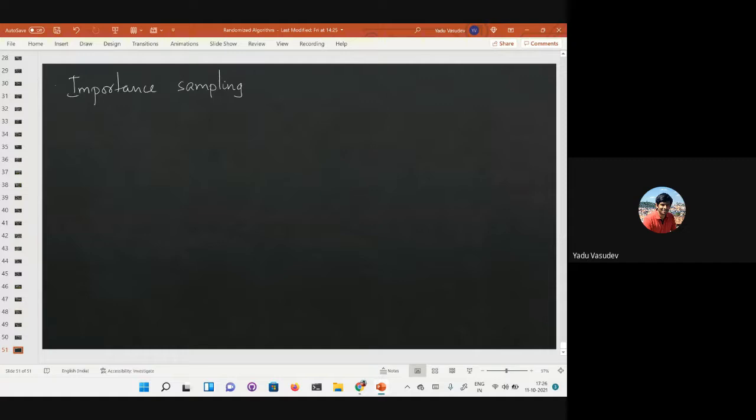The idea of importance sampling is that there is a set S that we are actually interested in, the important set, which we want to count here.